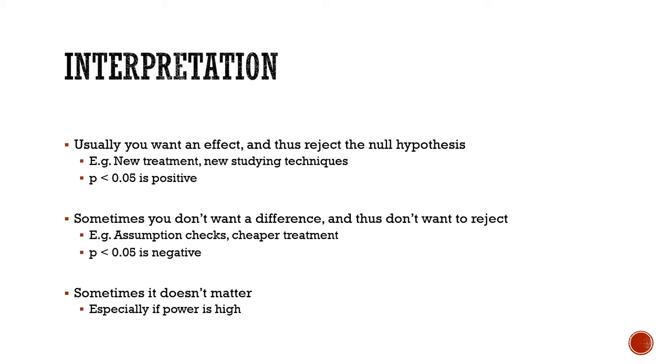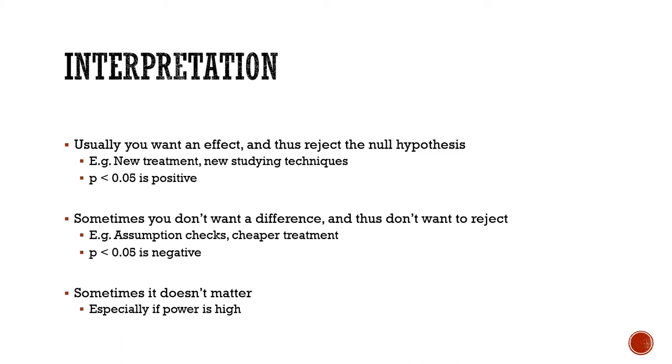But there's also occasions where you don't want a difference. And the most common one that you will see for this is assumption checks. Because what you're doing with assumption checks is saying, for example, with Levene's test, data, do the two groups have equal variances?